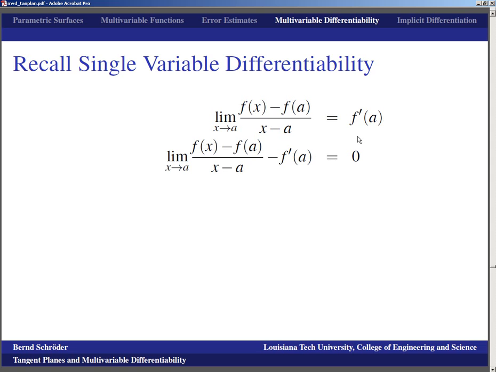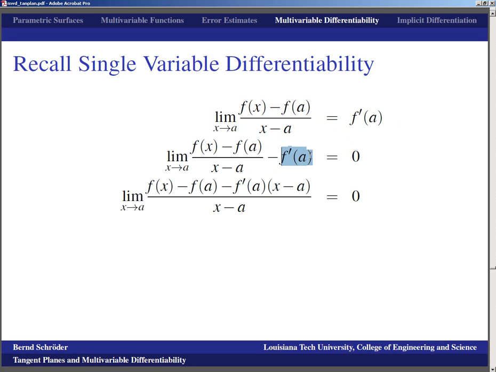So, of course, I could just try to do some algebra with this, and I can bring the f prime of a over here, and if this limit of the difference quotient minus this number is equal to 0, that is the same as what I get when I take the limit and I put the f prime of a on the fraction, right? I still have f of x minus f of a divided by x minus a, and I just have here f prime of a, which when the x minus a is cancelled is just the f prime of a.